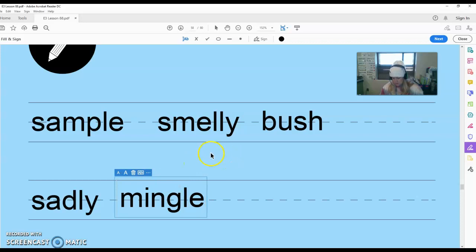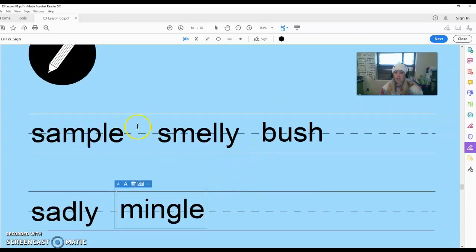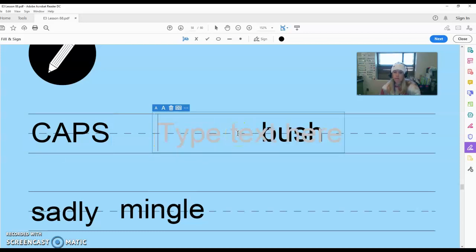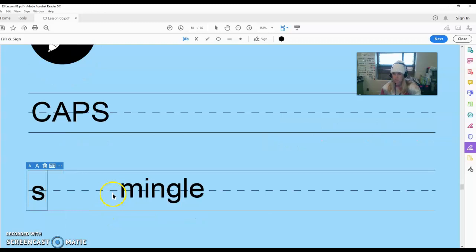Mingle. All right, and then we're ready to do our sentence today. So you're going to want to write your caps on your paper. So the sentence is, don't fumble the ball.